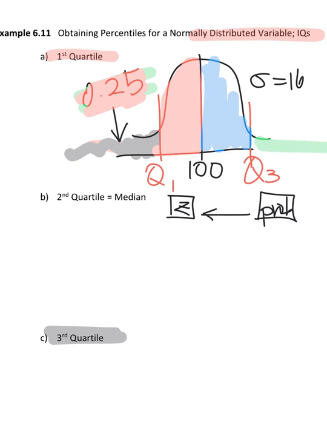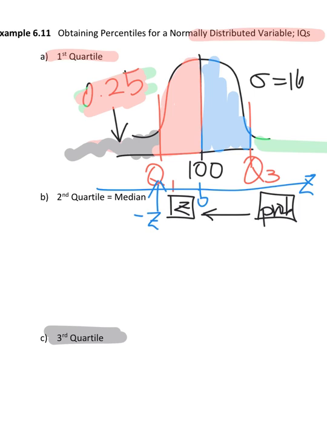The z-score was based on the standard normal distribution, right? How much was the mean on the standard normal distribution? 0. But we need the z-score for Q1, so absolutely, it will be a negative z-score.